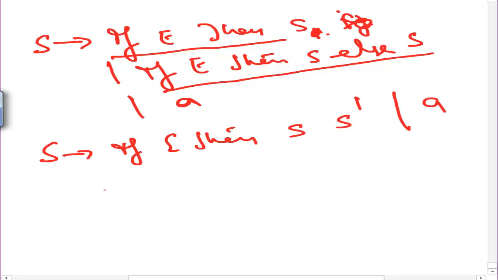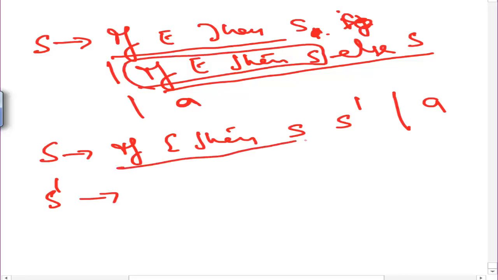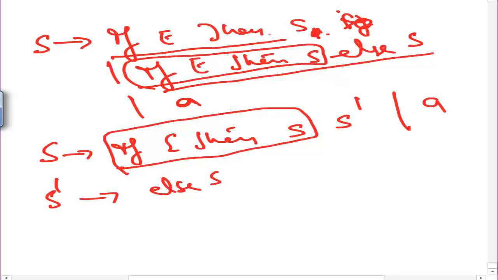Now S prime has to talk about the suffixes, and here the suffix is nothing, that is epsilon, and in this case, because if E then S is the prefix, the suffix is else S. So this will come here as else S, and in the other case there was no suffix, so for that we have an epsilon. Okay, does it make sense?